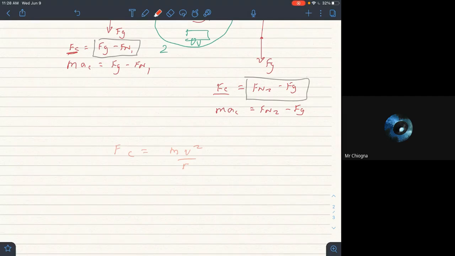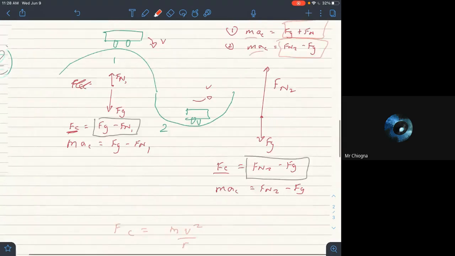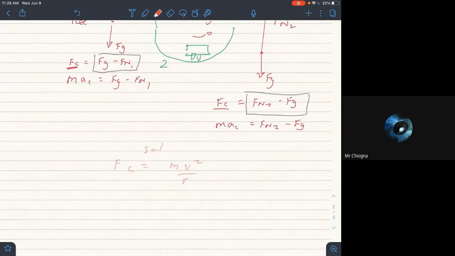Okay, so this is going to be for a satellite. You can always relate this to any satellite, whether it's a moon around a planet or an actual satellite around a planet. Same equation. What's causing something to move in a circular path as opposed to a straight line path in space?